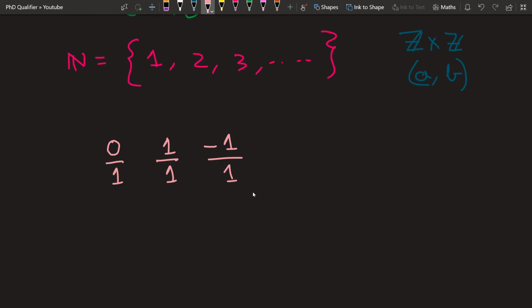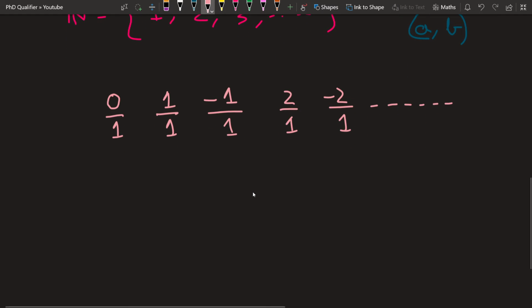Anything divisible by 1, these are just integers that I'm writing right now. Minus 2 by 1 and so on. Okay. So I can write 0 by 2. It's actually not important to write 0 by 2, but I can mention it, or I can skip it as well. So let's skip it, because 0 by 2 is basically 0. So no need to write it again.